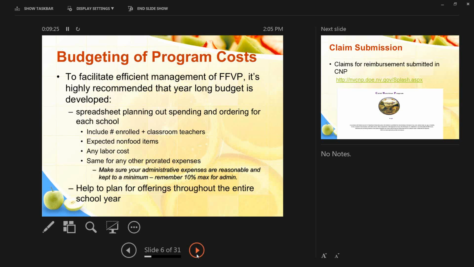So that'll include your administrative costs, and again, you want to make sure that those are within the 10% allotment. And this can help you plan so that you can offer the fruit and vegetable program throughout the entire school year. So it can help you serve the entire school year and avoid running out of grant funds before the school year is over.